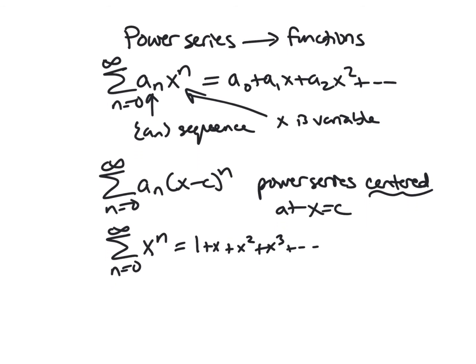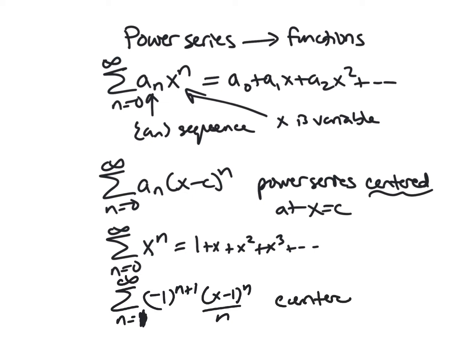And then another one, let's look at one that's not centered at 0, would be n equals 1 to infinity of negative 1 to the n plus 1 times x minus 1 to the n over n. Seeing the minus 1 here, this one is centered at x equals 1 for that reason.